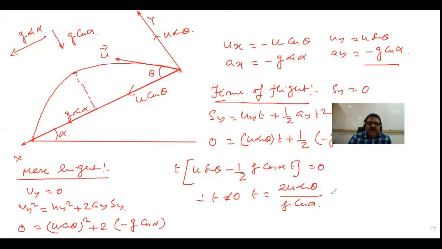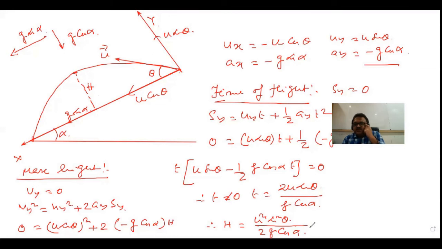And this is the vertical height h, above along the positive y-axis, so this is positive. If you do the calculation from here, h equals u squared sin squared theta by 2g cos alpha.